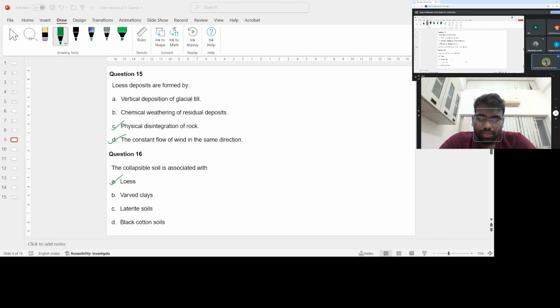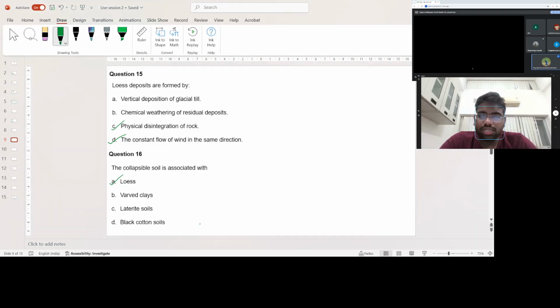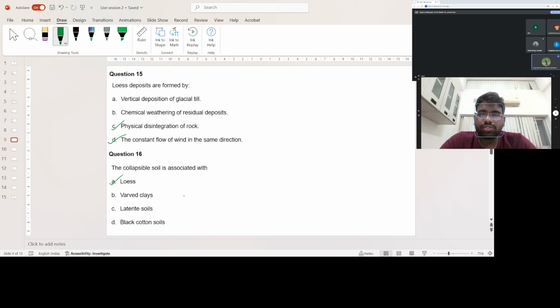So warped clays are layered, alternate deposits of silts and clays due to the seasonal variations. Lateritic soils are also very loosely deposited, or rather not deposited, and very difficult to handle in construction. But the more suitable option is loess.